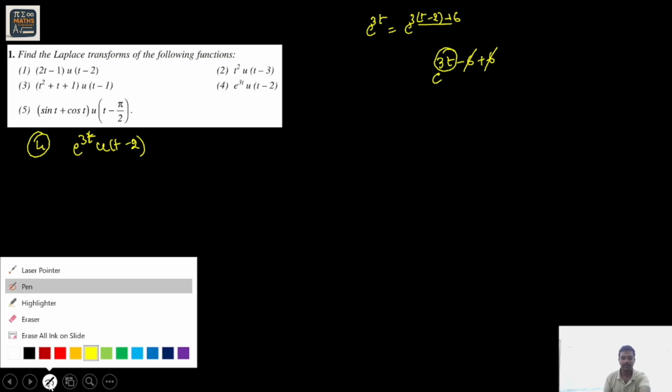Now we convert this 3t term as t minus 2 like this. E power 3t term into e power 3 into (t minus 2) plus 6. Expanding, 3t minus 6 plus 6, the minus 6 plus 6 cancels, and again the e power 3t term remains. So instead of this term we take this term. Then we get the f of (t minus a) into u of (t minus a) form; we convert problems and write them like this.